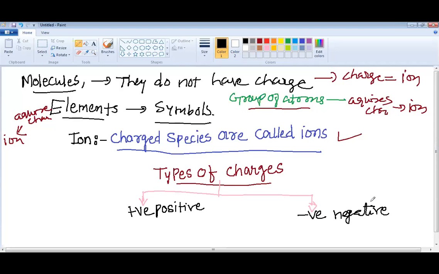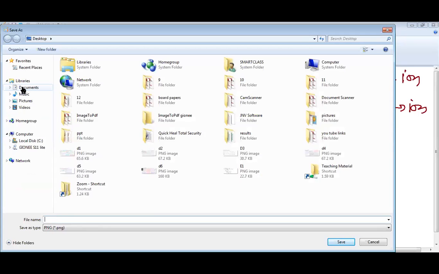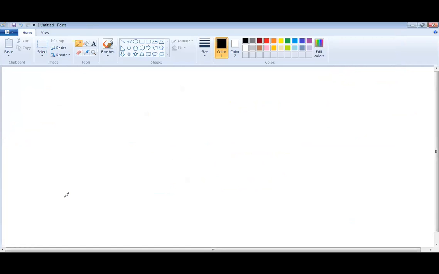Please keep in your mind, my dear students, that the elements, the group of atoms, the molecules, if they acquire charges, these kinds of species are known as ions. And these ions can have the positive charge, these ions can have the negative charge.